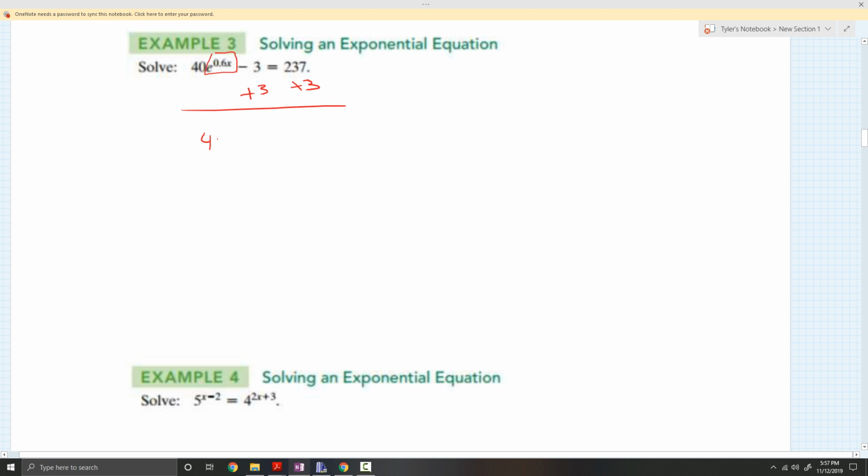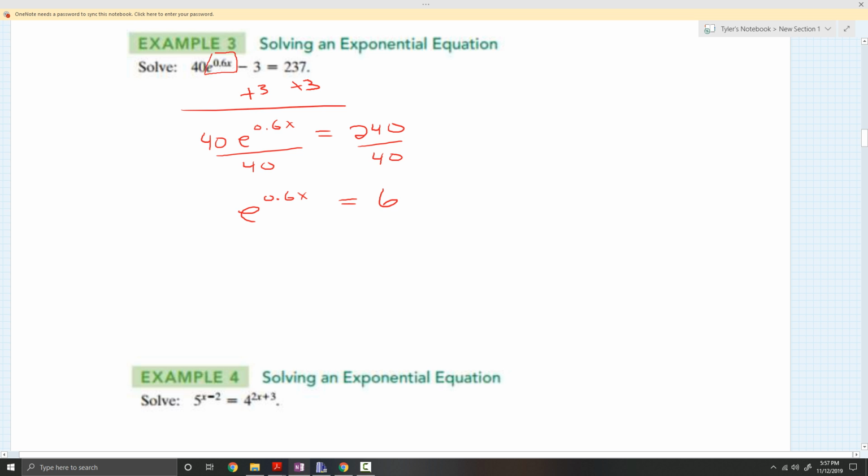So we get 40 times e to the 0.6x equals 240. And then next, I would divide both sides by 40. So then we get e to the 0.6x equals 240 divided by 40, that would be 6, right?